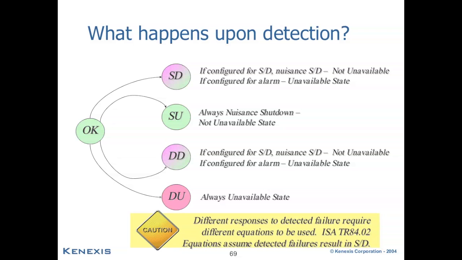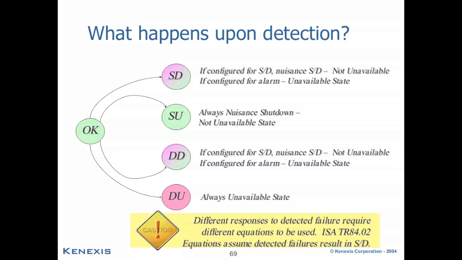However, if it's configured only for alarm and not shutdown, a safe detected failure will cause the system to be unavailable. This is also similar for the dangerous detected case noted in the third row below. A safe undetected failure is expected to always result in a nuisance shutdown, or not unavailable state. And conversely, a dangerous undetected failure is expected to always result in an unavailable state.